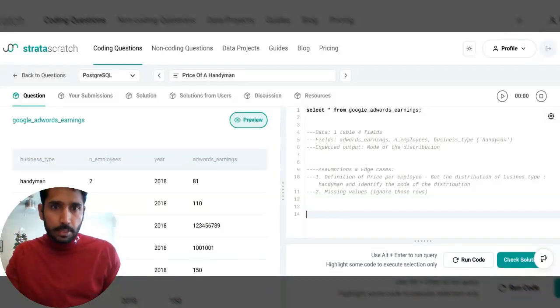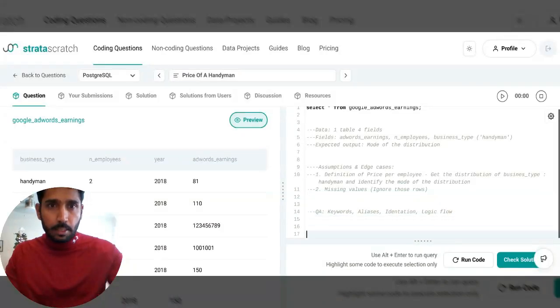We'll get to the logic in a little bit. I'm also going to put down some quality checks I want to go over. Keywords, aliases, sound like a broken record, but this is quite helpful for me while trying to troubleshoot any syntax errors or any logic errors. Overall logic flow is my final piece.